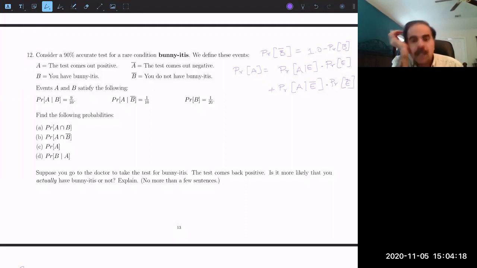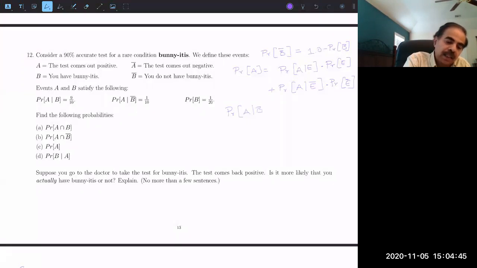Okay, so this is a standard formula on conditional probability, which you can derive, right? So every formula involving conditional probability can be derived very easily from the definition of conditional probability, right? So we have the definition which says probability of A given B equals probability of A intersection B divided by probability of B, right?